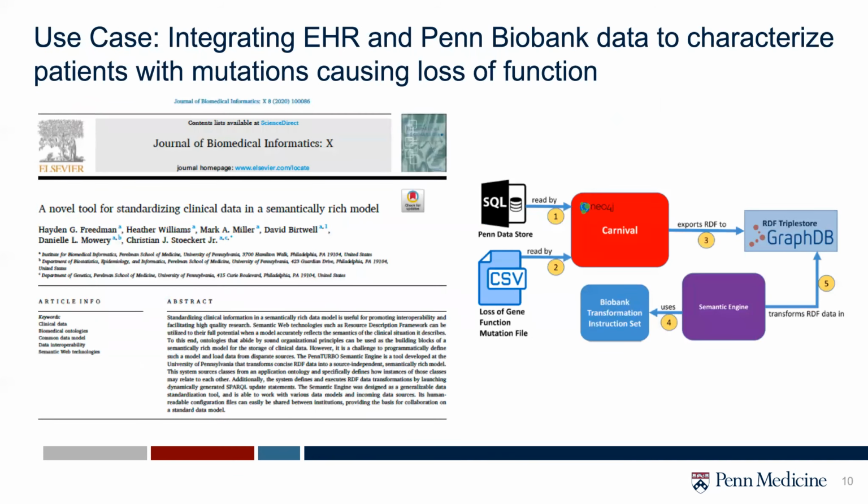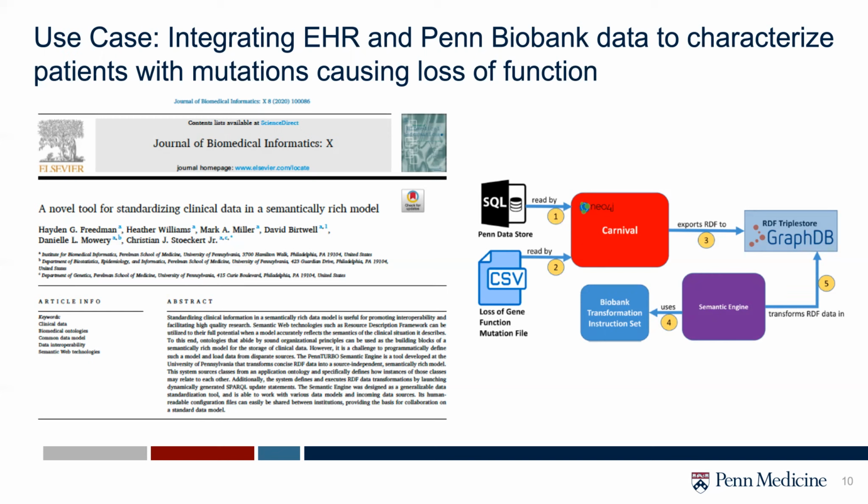So we have a use case to present to show actually that PennTURBO works. In this case, over to the right here, you see that the Carnival can pull demographic data for patients with samples in the Penn biobank. Note that these data are very heterogeneous in the biobank, and EHR data are in completely different formats. Second, there is a loss of gene function mutation data set available in a comma delimited format, which is also accessed by Carnival.